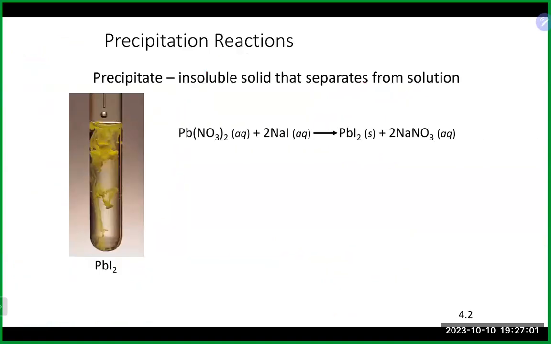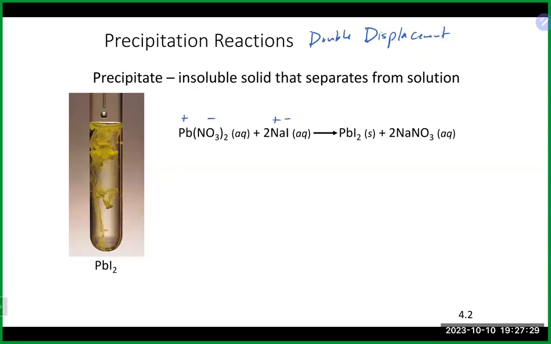So a precipitate is when we do get a solid that forms from the result of mixing, for example, two solutions. So you could mix two solutions together and form a solid. This is your classic double displacement reaction. And if we look at it, that's a positive negative guy, that's a positive negative guy.